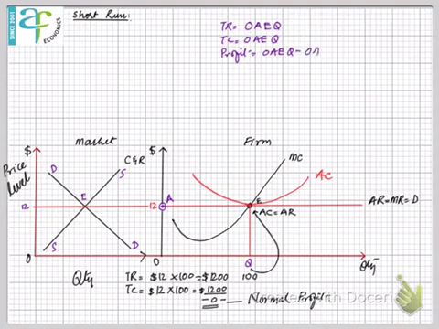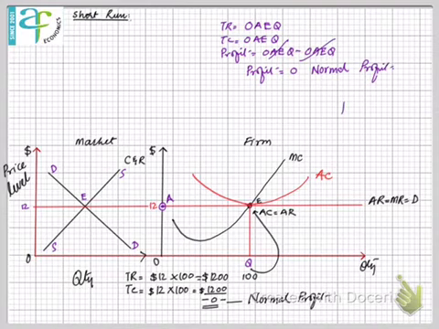So when we take the profit, it would be OAEQ minus OAEQ, both will cancel and what is left is only zero, that is normal profit. The firm's total revenue is equal to the firm's explicit plus implicit cost. The firm is able to earn a profit equal to accounting profit, which is equal to the firm's opportunity cost. So that is how a firm can earn different profits in the short run.